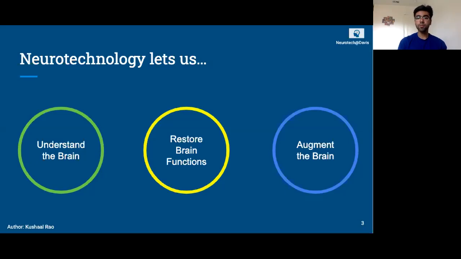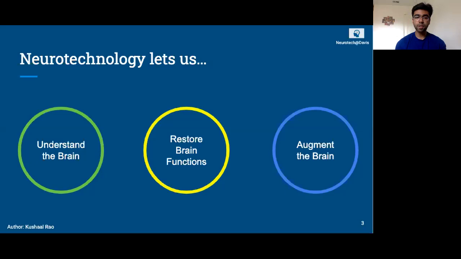They look at different things and tell us different things about the brain, but we can use neurotechnology to understand more about the brain and why it's doing exactly what it's doing. The most recent development in this area has been something called optogenetics, which is basically the use of UV lights to activate certain neurons in the brain. So we can literally turn certain neurons off and on by just shining a light on the brain.